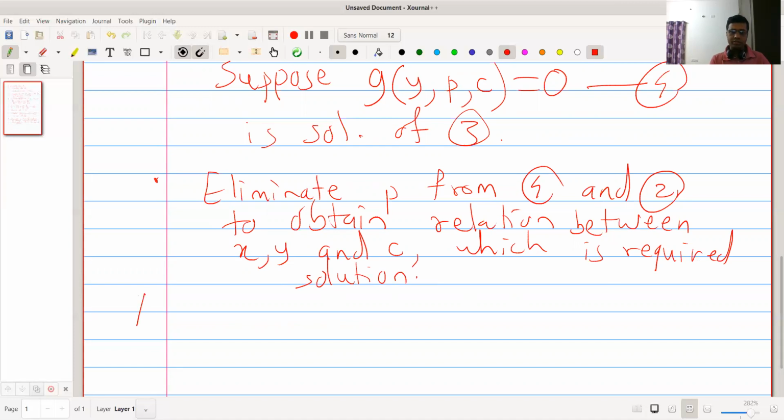So again, as in previous case, note is if it is not possible to eliminate p, then equation 4 along with 2 will form a solution.